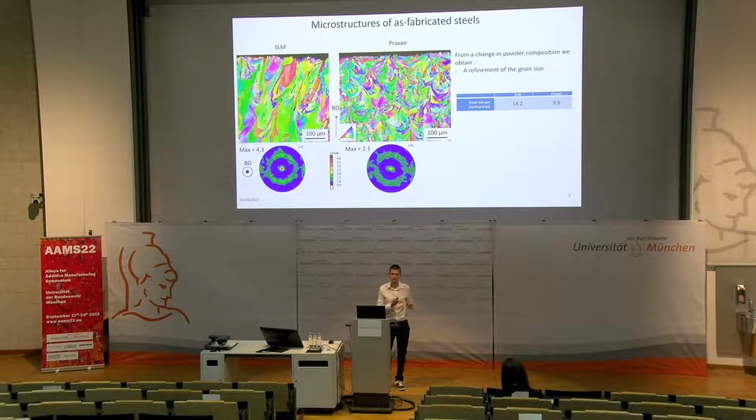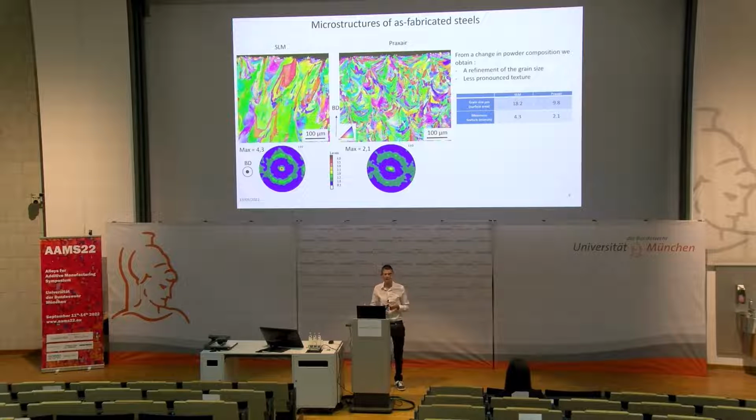Here are the IPF EBSD maps of the two steels. We can see that it's quite different. The SLM steel has bigger grains than the Praxair steel. So from a change of powder composition, we obtain a refinement of the grain size.